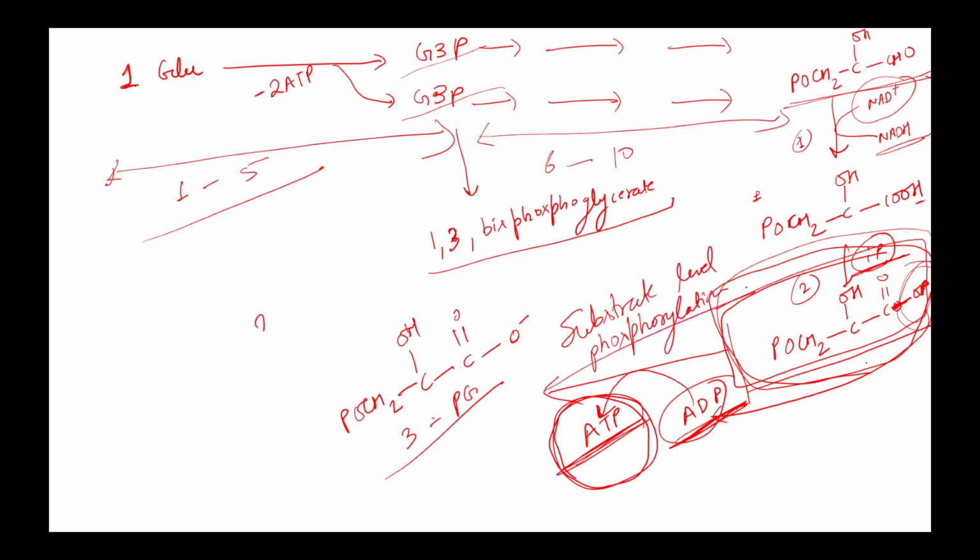This is one substrate level phosphorylation where we are phosphorylating ADP to produce ATP, and this phosphorylation is happening with the help of our particular substrate in the reaction.